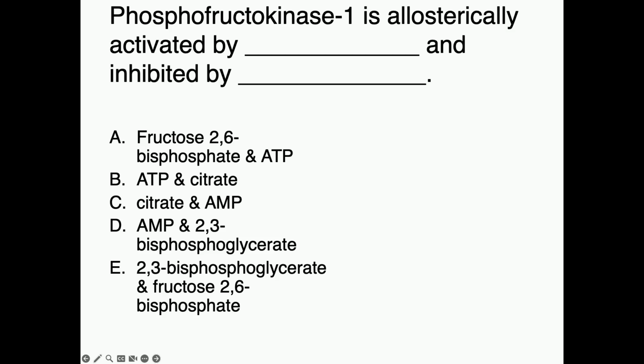Remember, PFK1 has that complex allosteric regulation that makes it sensitive to intracellular energy conditions, availability of substrates, and there's also endocrine regulation as well. So it's going to be activated by things that indicate abundant substrates or low energy, and it's going to be inactivated by things that indicate abundant energy.